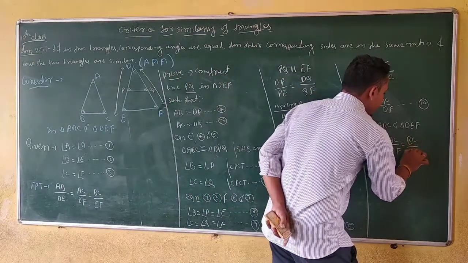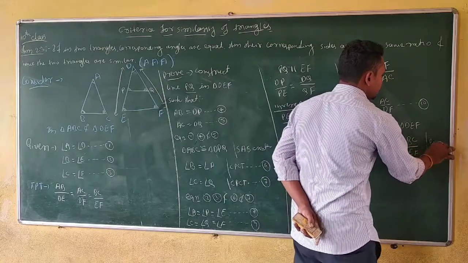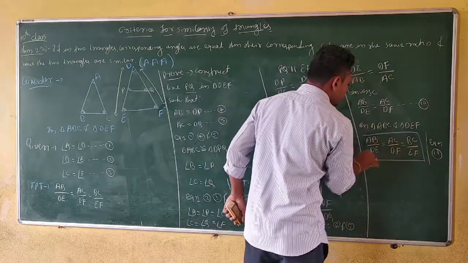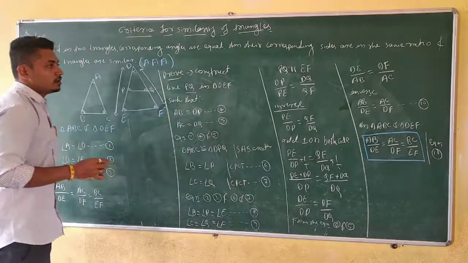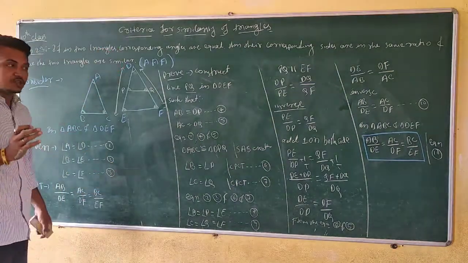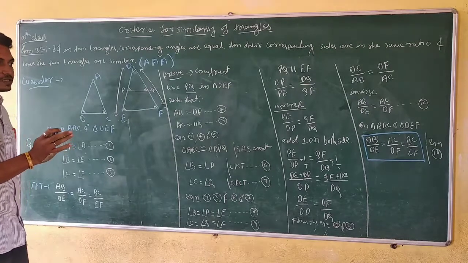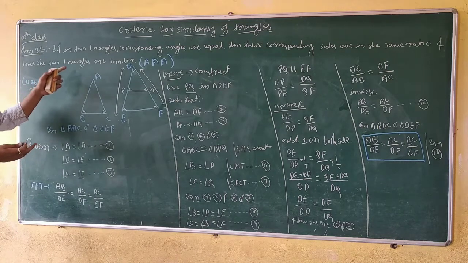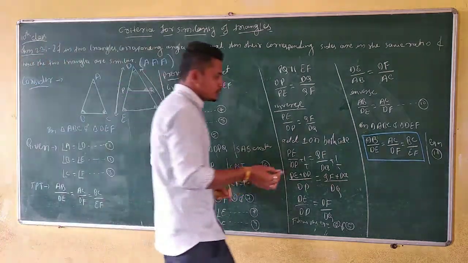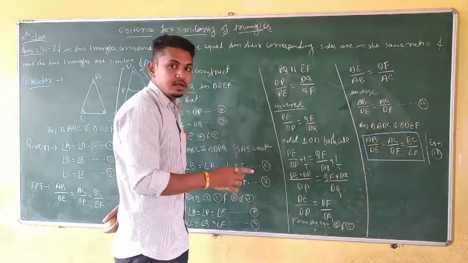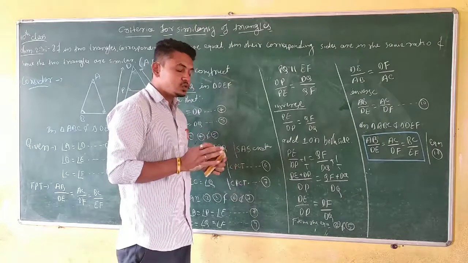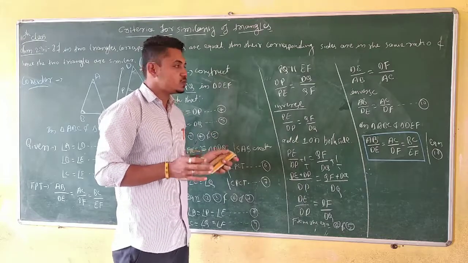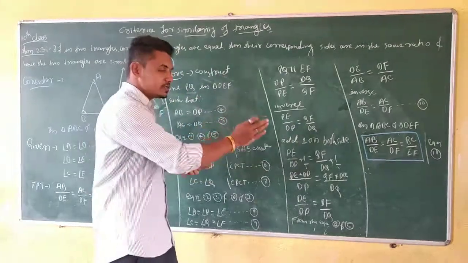The reason is equation number 10. So hence proved, the corresponding sides are in the same ratio, and that's why we can say that the two triangles are similar. The corresponding angles are equal to each other and their corresponding sides are in the same ratio. That's why the given two triangles are similar.